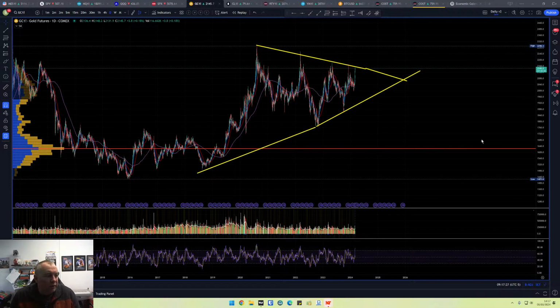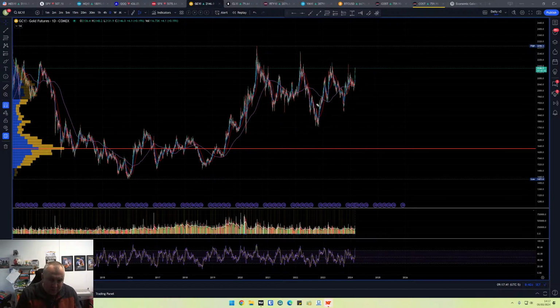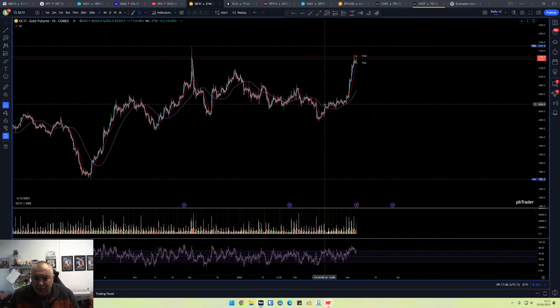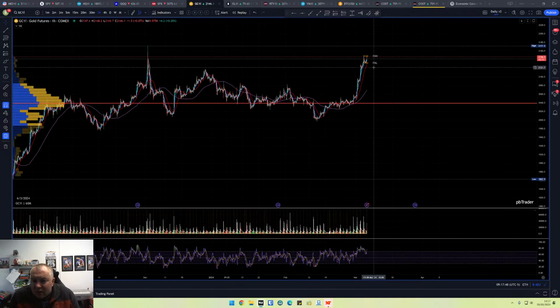Not far off that area. So we could watch for some sort of formation here, break and retest long. But we're a few days away from that, that's saying 2025. What are we looking at on the daily? So it's kind of what we're setting up on the daily. So let's ignore that, let's go back to the hourly. I thought it was the hourly, I thought it would have been too easy.